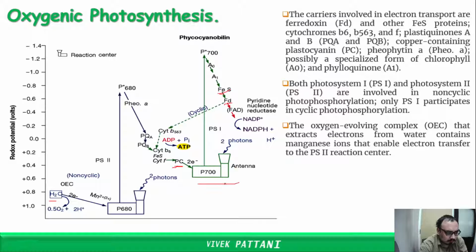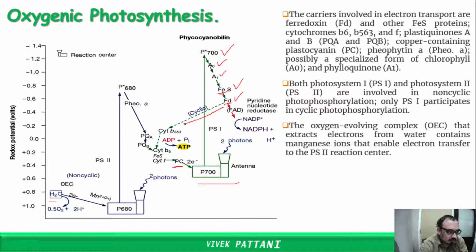In the case of the first photosystem, P700, which is in the cyclic one, with the help of photons it gets into an excited state, P700 star, and the electrons will be transferred to special chlorophyll molecules, that is A0 and then A1, then an iron sulfur complex, and from the iron sulfur complex, electrons will be passed on to the pyridoxine and to the flavin adenine dinucleotide.